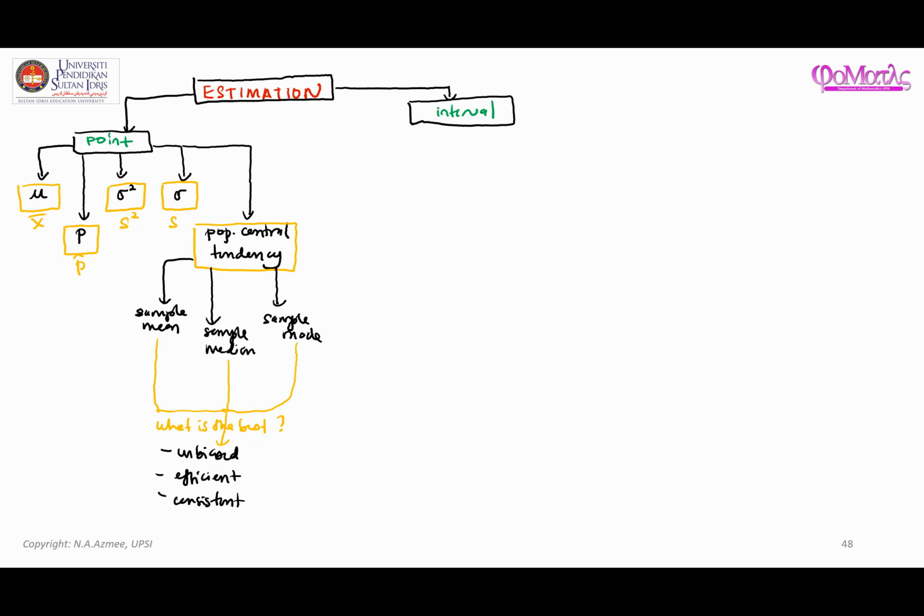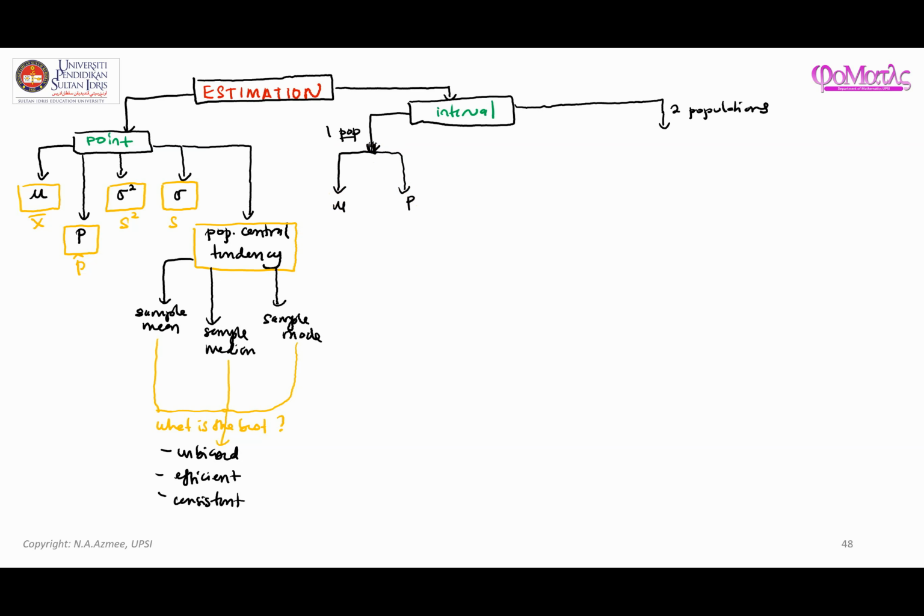So in interval estimation, we have the case of one population, and we can also extend to having two populations. So one population and two populations. In one population here, you may be interested to know about mu, and another case that you have looked at is to know about p.